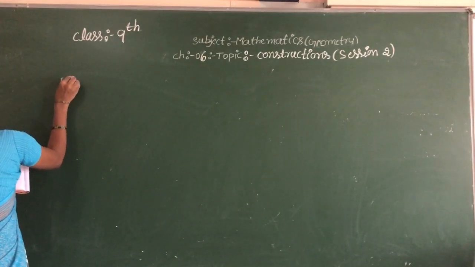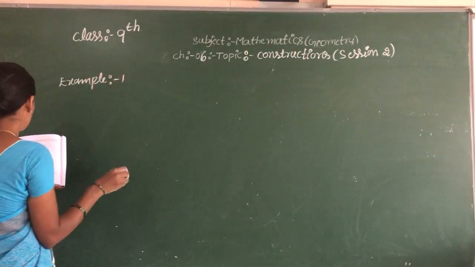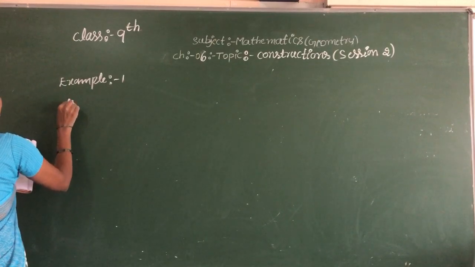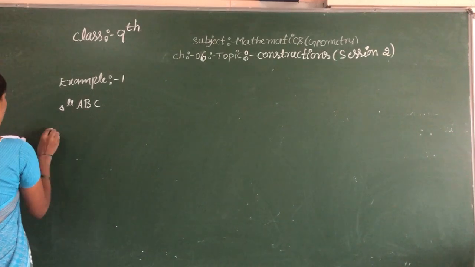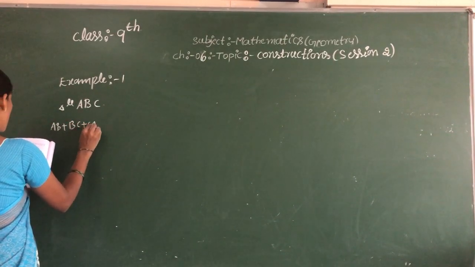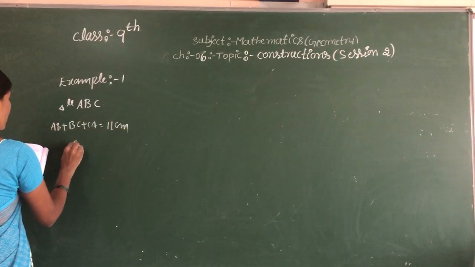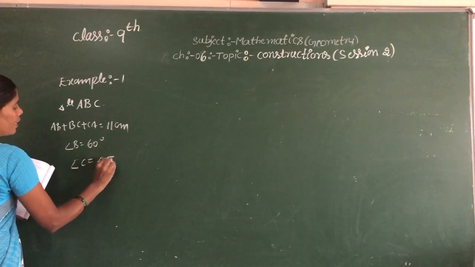Example 1, triangle ABC, total AB plus BC plus CA is equal to how many? 11 centimeter. Angle B is equal to 60 degree, angle C is equal to 45 degree.